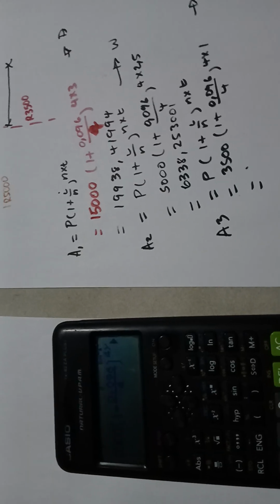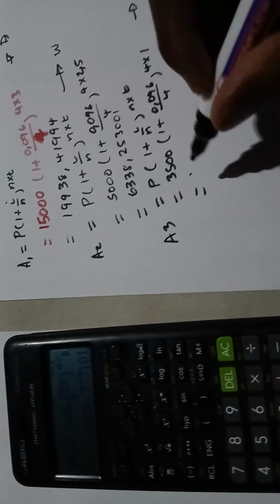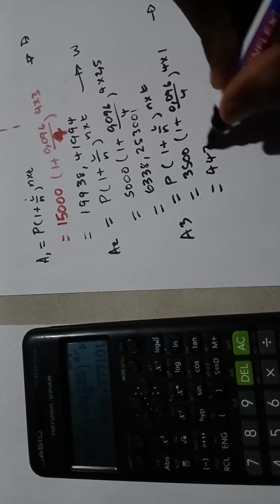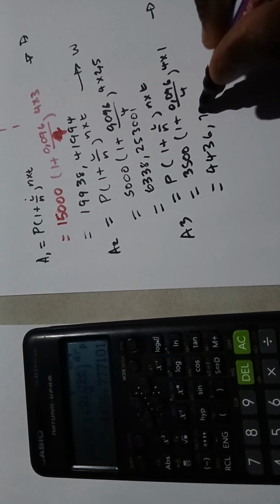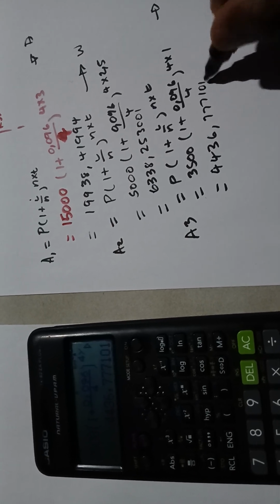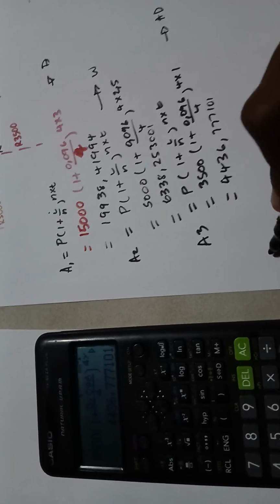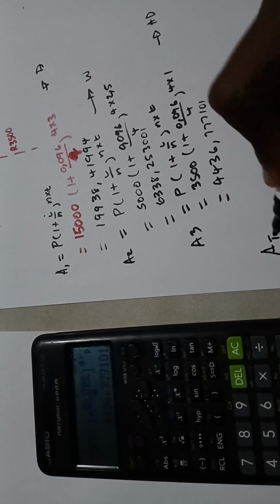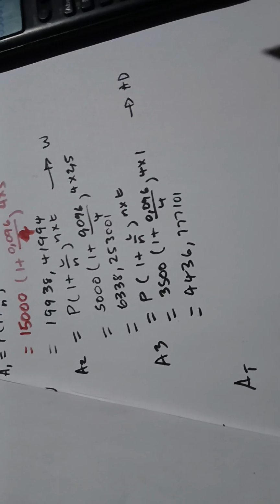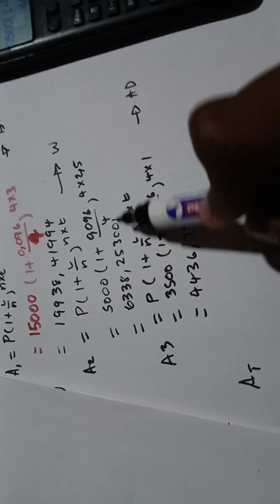Now let's do the other one. 4,436.77. So this is the additional deposit one. Ne? So now for the total A, we're going to add everything and subtract the withdrawal one. Ne? So I hope this is understandable.